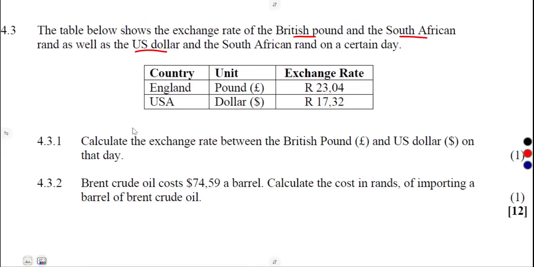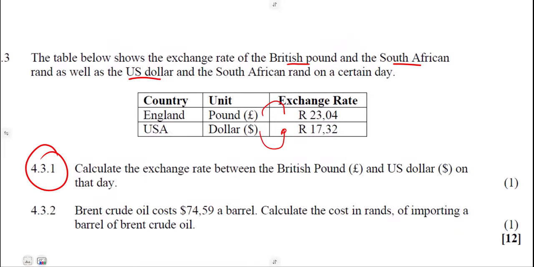So the question on 4.3.1: calculate the exchange rate between the British pound and the US dollar on that day. So there we are given the pound to the rand, the dollar to the rand.